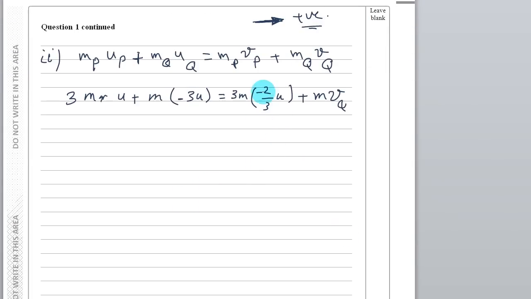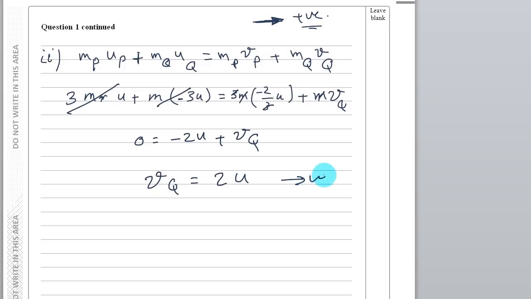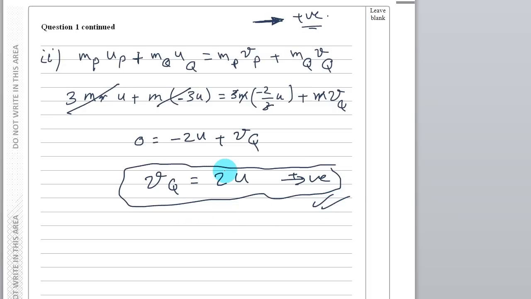Let us divide by m, so all the m will go, and the 3 will go with this 3, so 0 will equal minus 2u plus vQ. So vQ will equal 2u, and this is positive. So this is the answer of the second question.